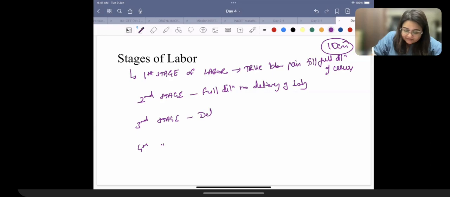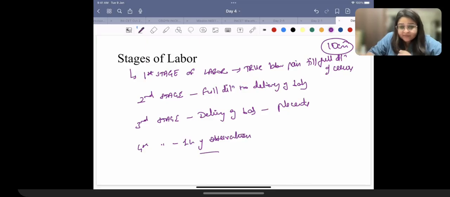Third stage is delivery of baby to delivery of placenta. And fourth stage is 1 hour of observation following delivery of the placenta. Because this is the time of maximum complications, especially what are we worried about? We're worried about postpartum hemorrhage. So it has to be intensive monitoring of the patient during this stage.